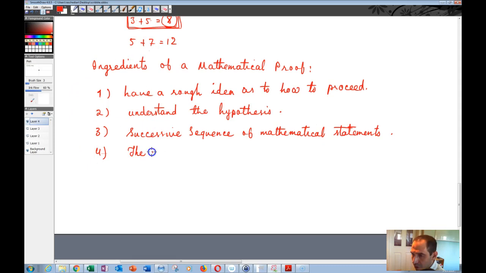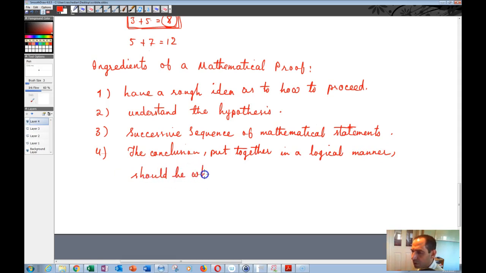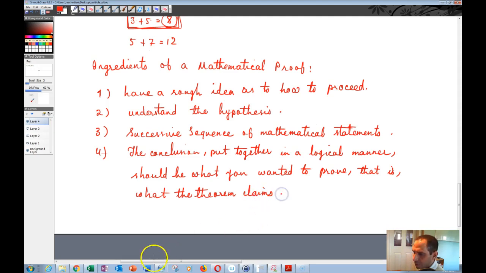So the conclusion, put together in a logical manner, should be what you wanted to prove. That is what the theorem claims.